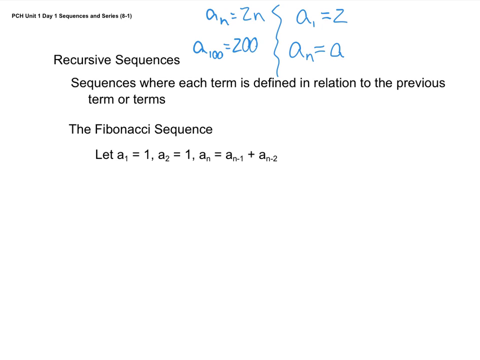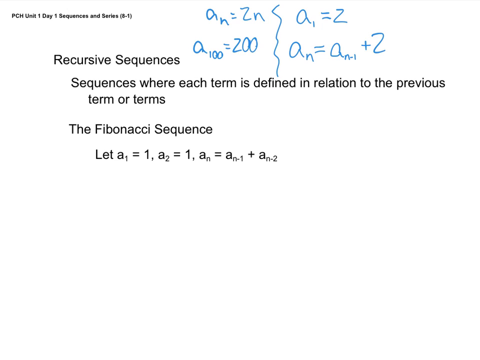How do you think we could write that? A sub n minus 1. Very good. A sub n minus 1 plus 2. Okay? Now notice that n minus 1 is in the subscript. So if I'm finding a sub 5, I need to take a sub 4 plus 2. Okay? Because 5 minus 1 is 4.